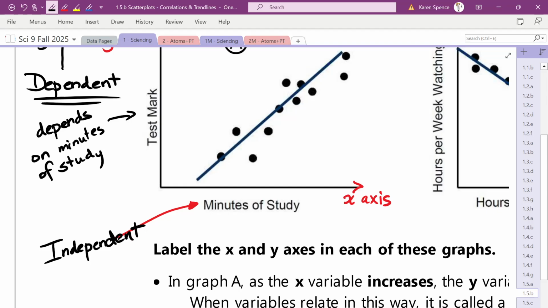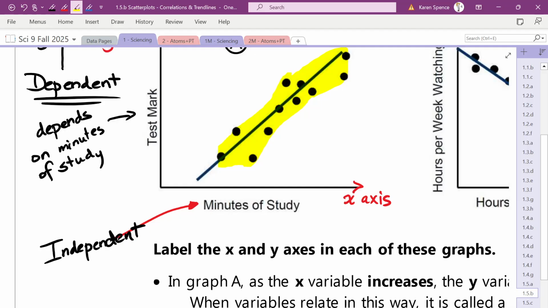Now, it's possible that in a graph, if we look at all of those little points, they generally have an upward kind of a trend. If I drew a little blobby shape here that sort of encompassed all of my points, that blobby shape generally goes uphill, doesn't it?